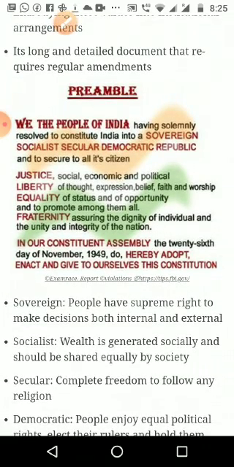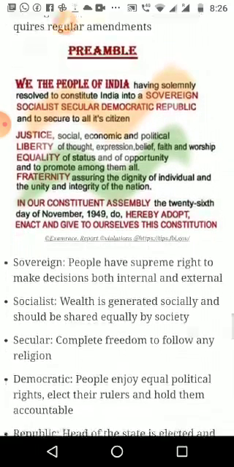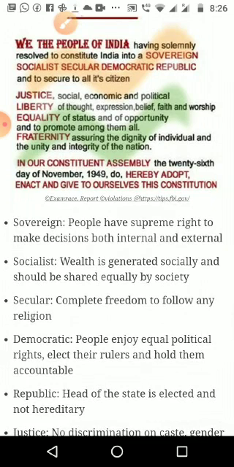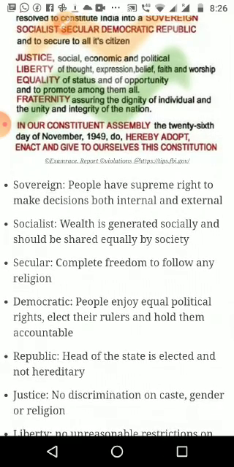Preamble: We, the people of India, having solemnly resolved to constitute India into a sovereign, socialist, secular, democratic republic, and to secure to all its citizens: justice, social, economic, and political; liberty of thought, expression, belief, faith, and worship; equality of status and of opportunity; and to promote among them all fraternity, assuring the dignity of the individual and the unity and integrity of the nation.